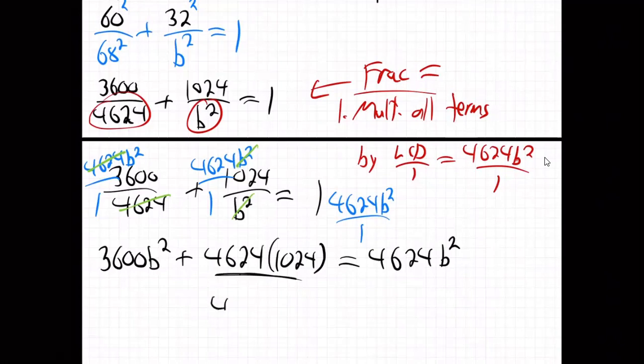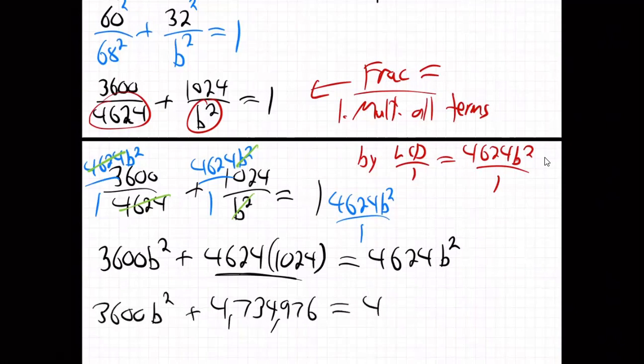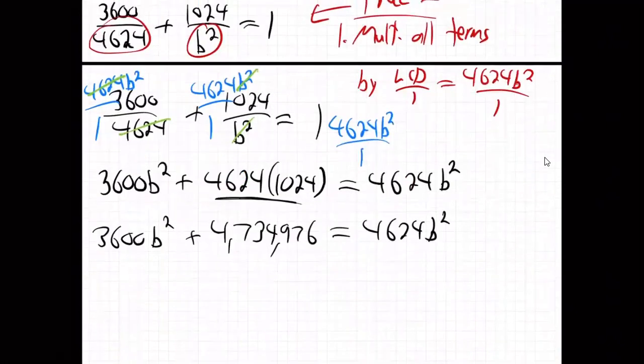I'm getting 4,734,976, plus, okay, and then subtract 3,600 b squared from both sides.